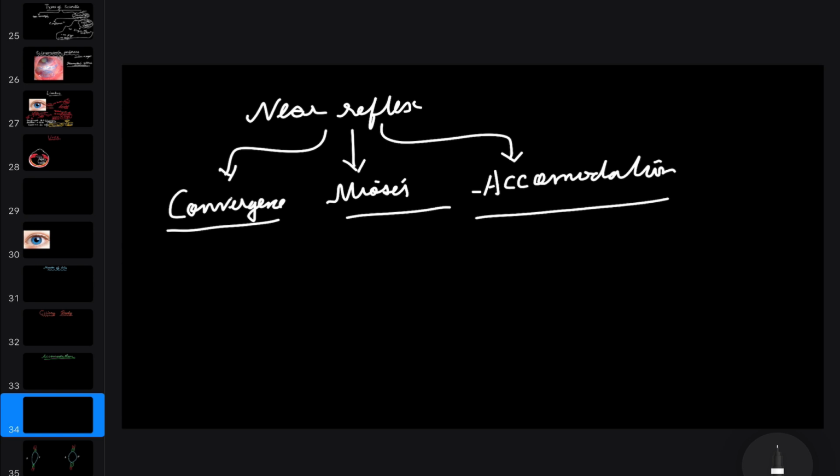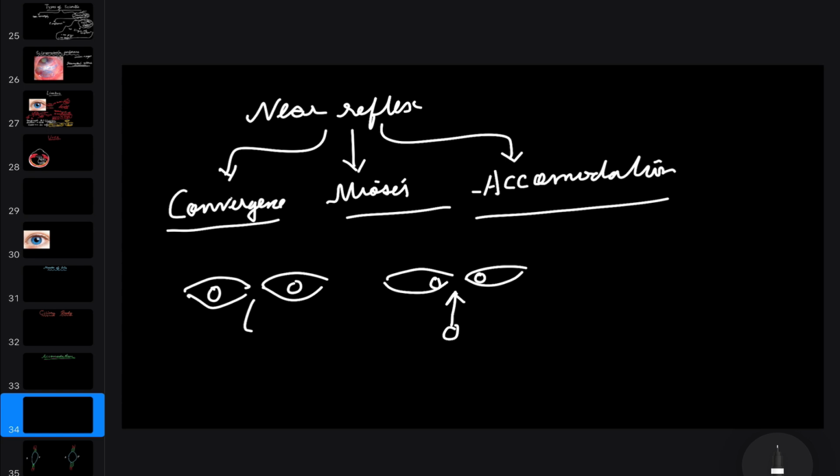Your eyes, if I can draw them, suppose these were your eyes when you were looking at the door. But when you were looking at, suppose, the pen, your eyes went like this. This is the pen, you're holding this.